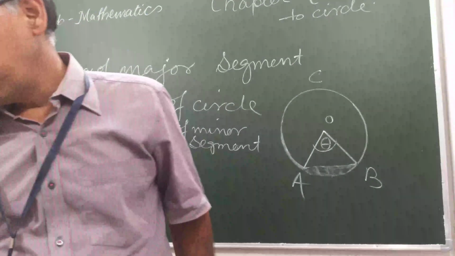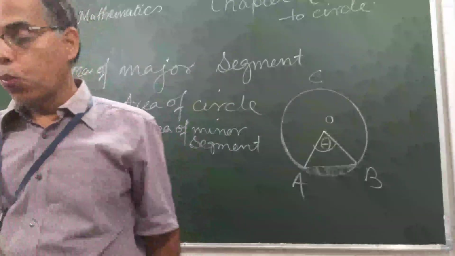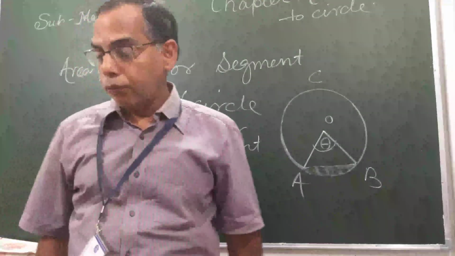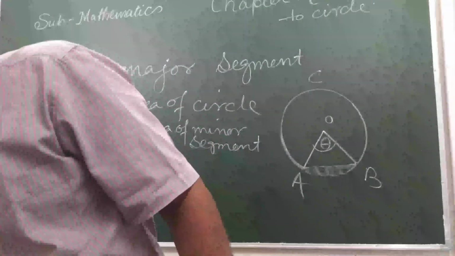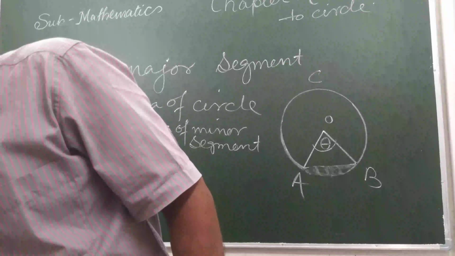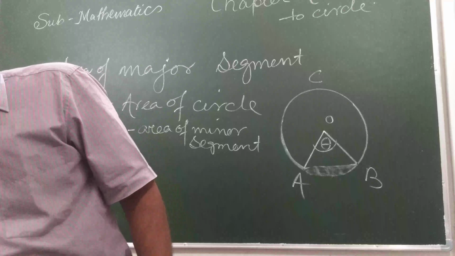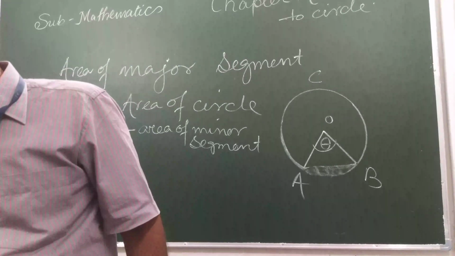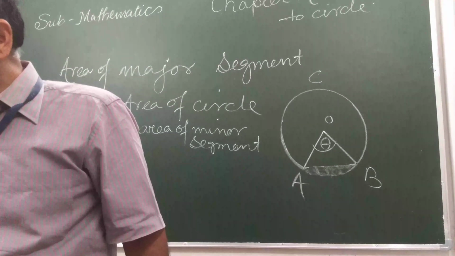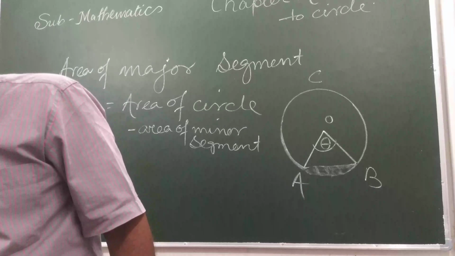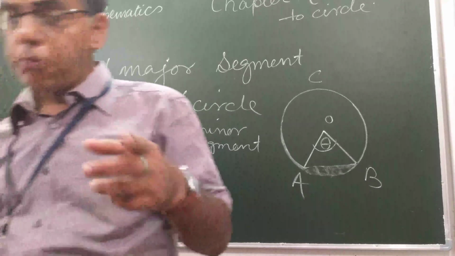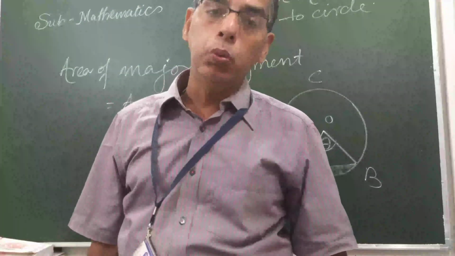Now, my dear students, in exercise 12.1, the first question gives two circles with radii 19 and 9. Find the radius of the circle which has a circumference equal to the sum of the circumferences of the given two.